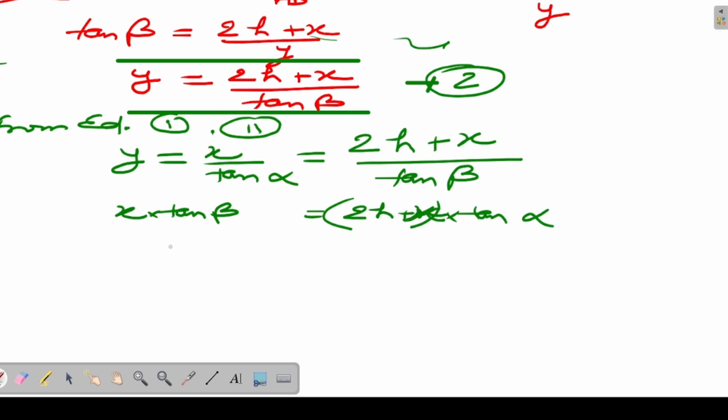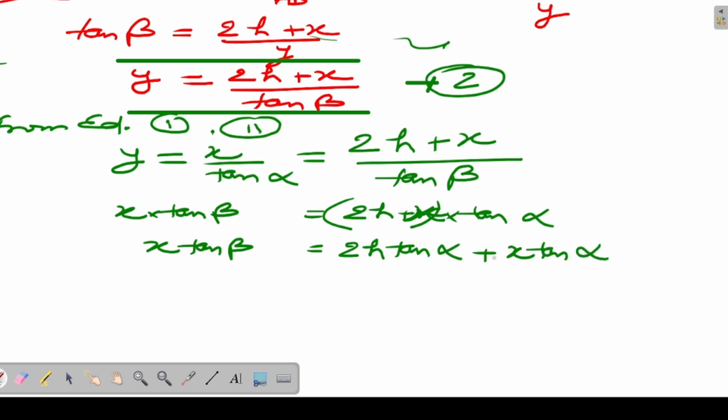Now x tan beta equals h tan alpha plus x tan alpha.